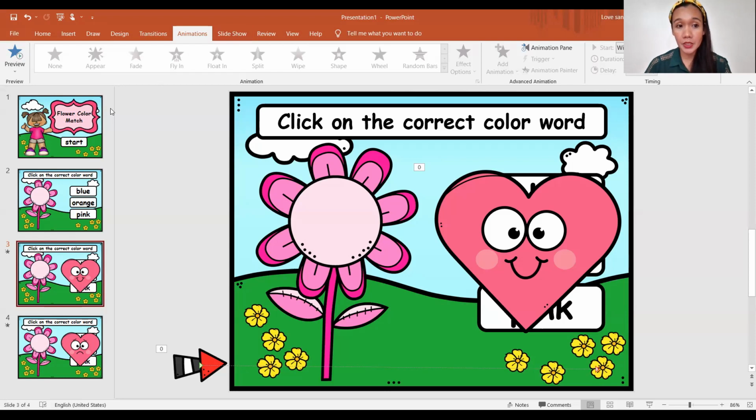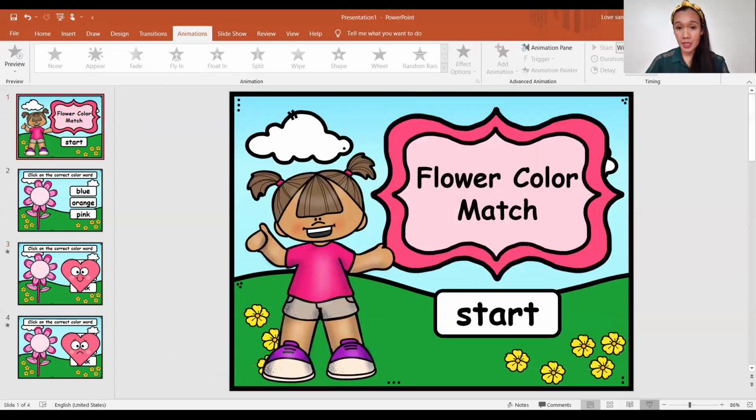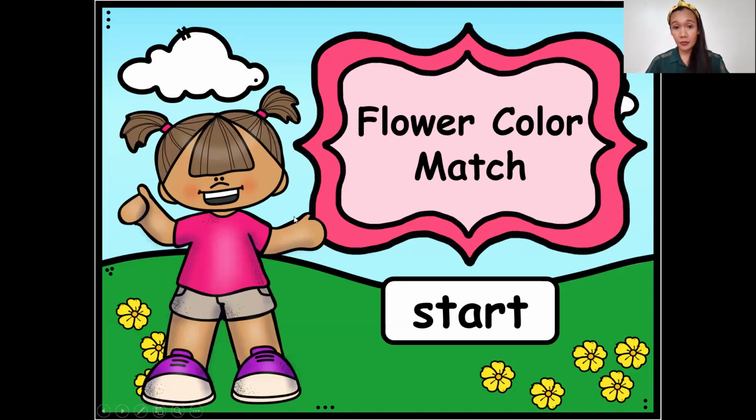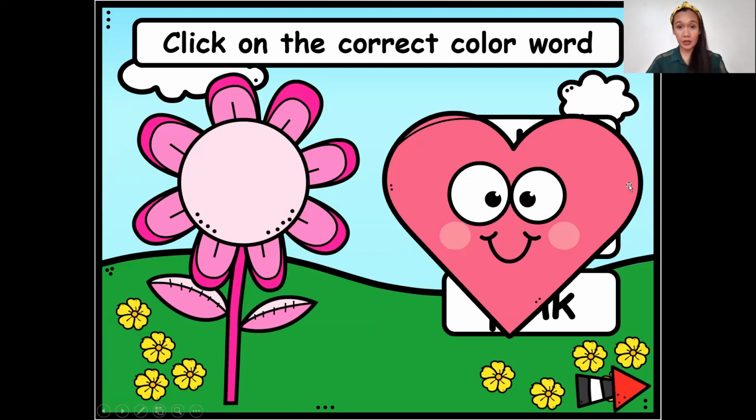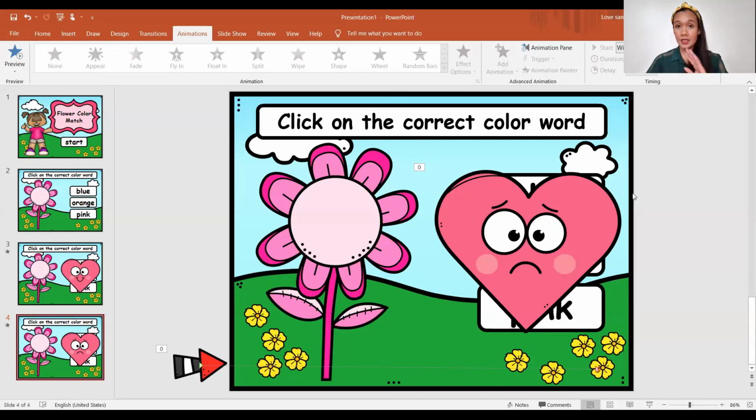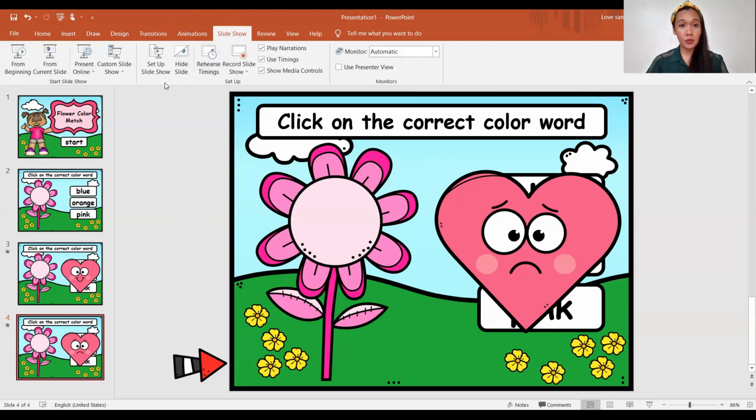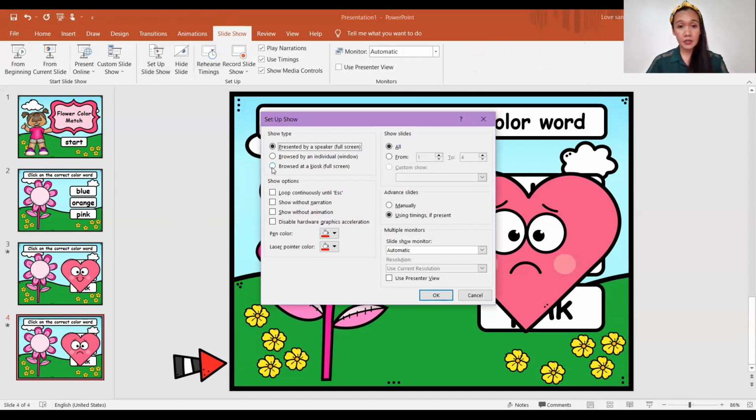We have to go to Slide Show. Let's present first. As you can see, when the kid sometimes doesn't see or just clicks on the sides, everything's up here. And that's the thing that we don't want to happen to our game, or else it will ruin it. So all we have to do is go to Slide Show, go to Set Up Slide Show, and let's click on Browsed at a kiosk, full screen.